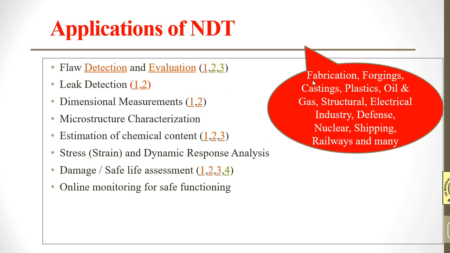So where is this non-destructive testing used in industry? We can use this in fabrication, forgings, castings, plastics, oil, gas, structural, electrical industry, defense industries, or the industries manufacturing defense equipment, nuclear equipment, shipping equipment, railways, and many more.